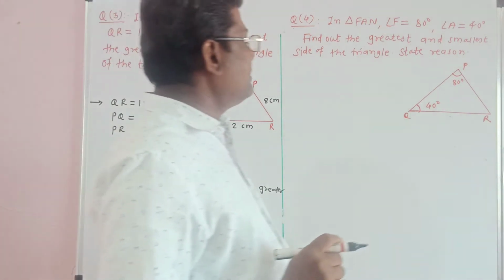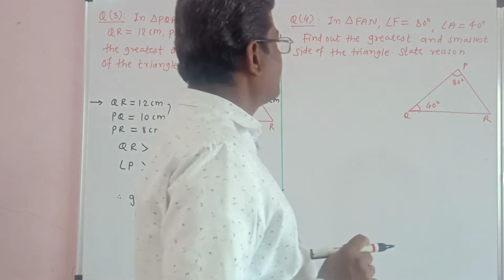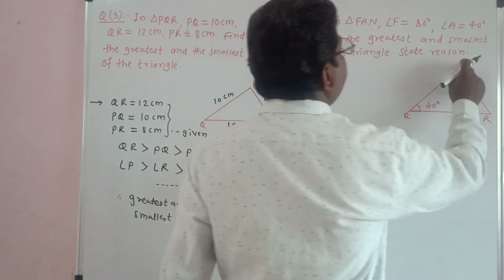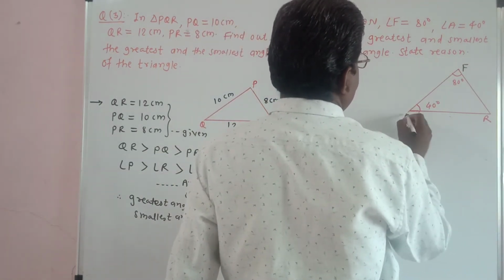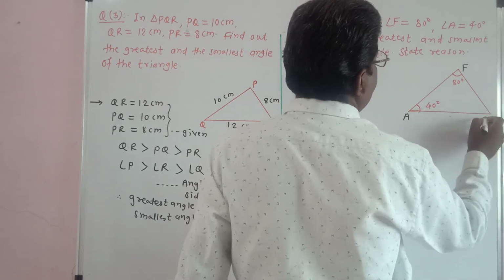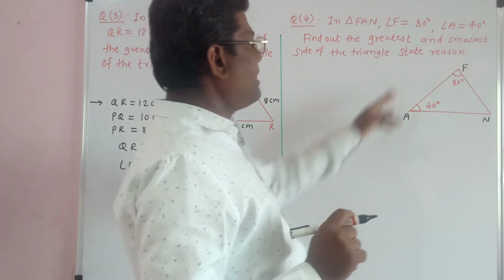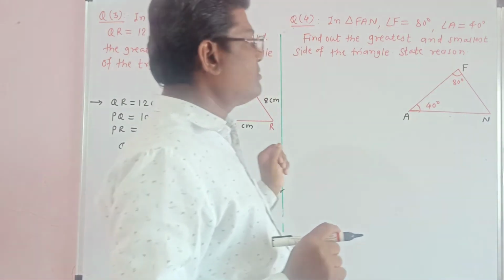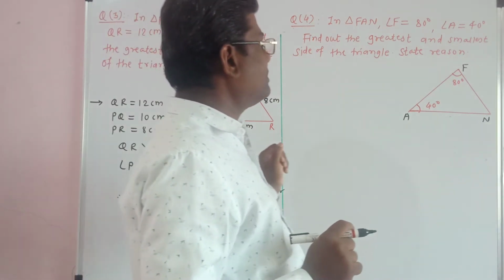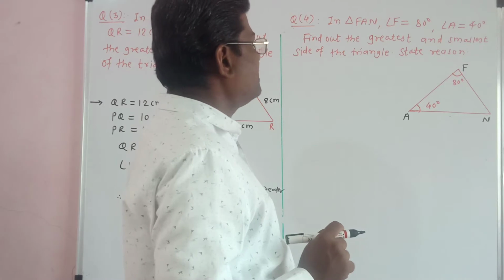Question number 4. In triangle FAN, angle F is equal to 80 degrees, angle A is equal to 40 degrees. Find out the greatest and smallest side of the triangle.